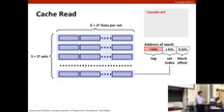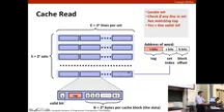So first it identifies which index to look in, and then it checks the tag. It checks all of the lines in that set to see if any of those lines have a tag that matches the tag bits in the address.